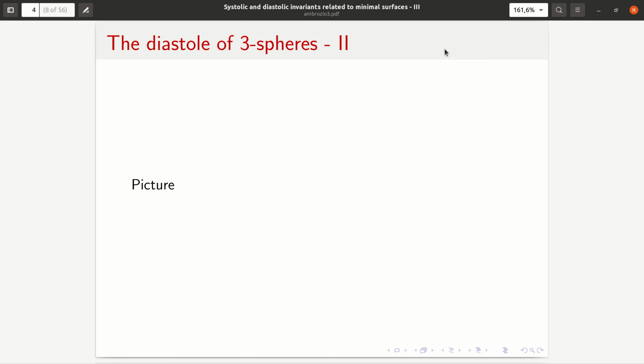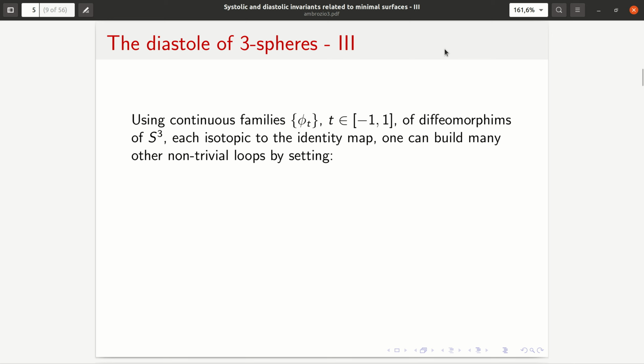Out of this single non-trivial loop, we can construct several other non-trivial loops.